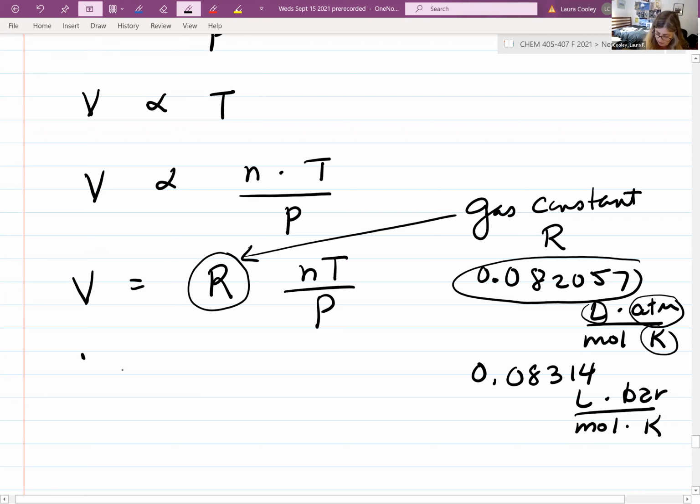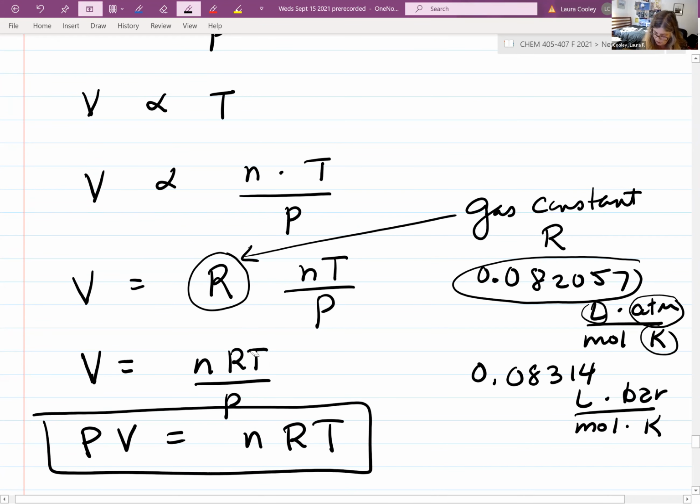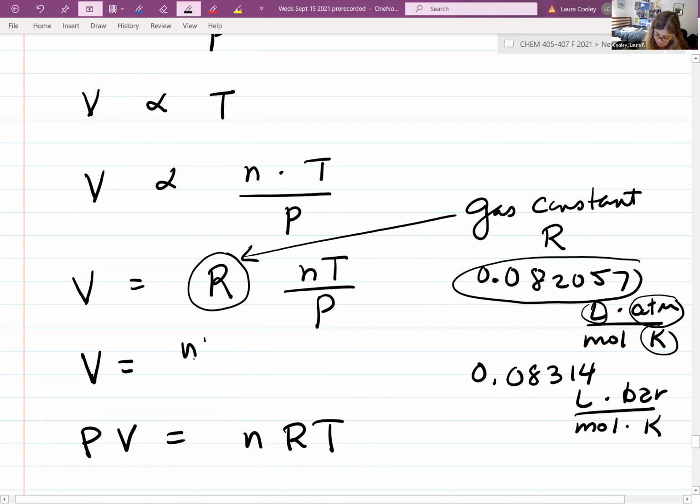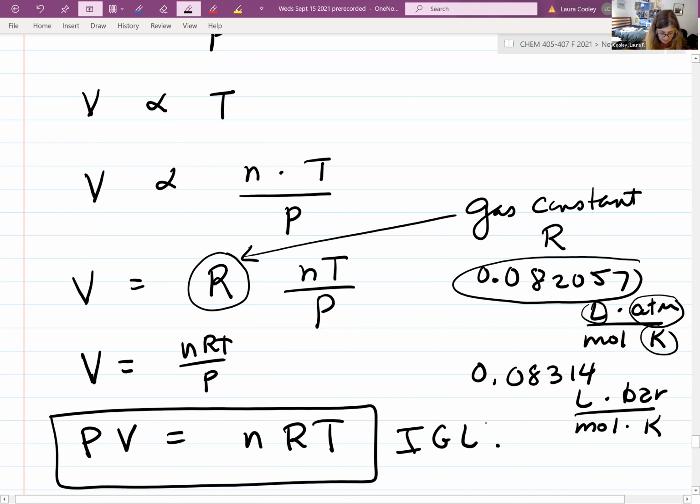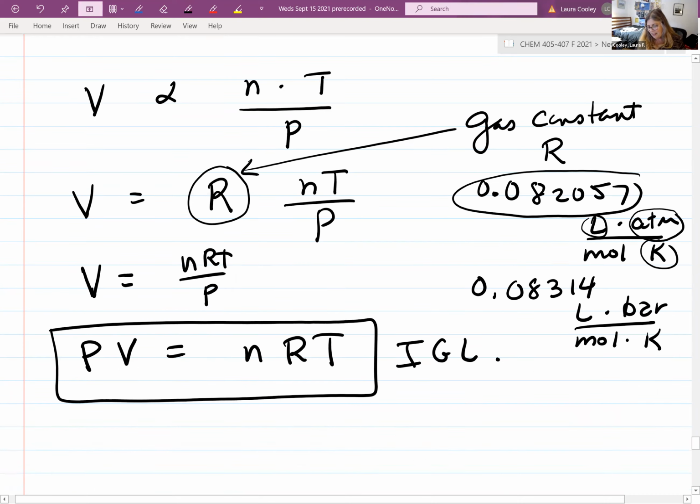This is often rewritten as nRT over P, or PV equals nRT, which is the ideal gas law. Affectionately known as the ideal gas law.